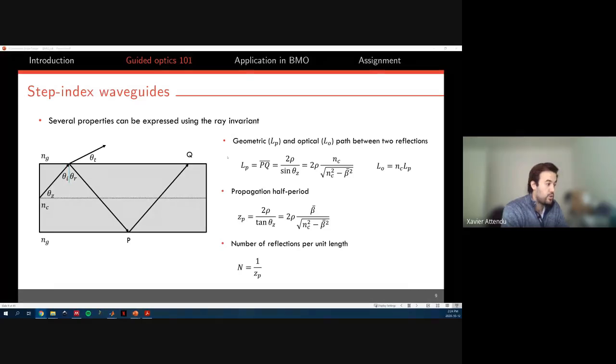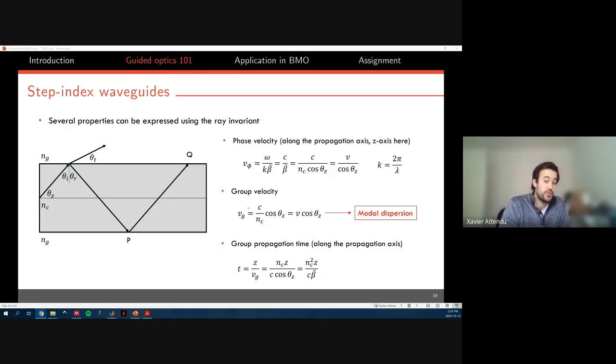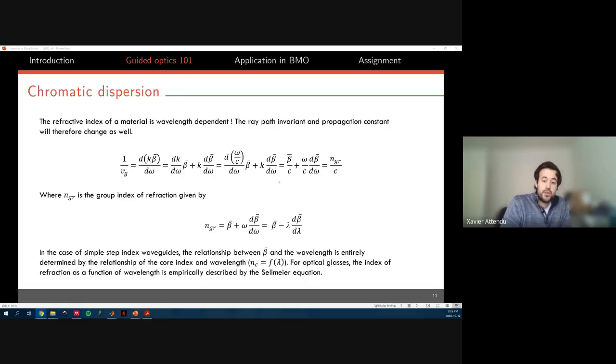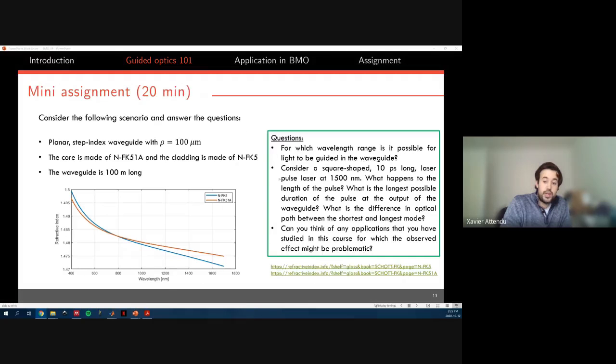So the most bounces, and the most bounces occur when you're right on the limit of the critical angle. So now if we take that into consideration, you can calculate using these equations the difference in optical path between the two, or the difference in group velocity or propagation time. Okay, so that's how you would do that.